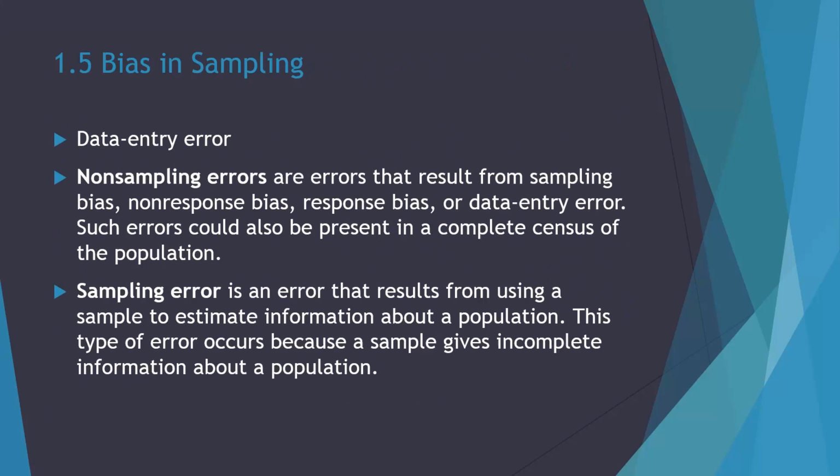Data entry error is another bias in sampling, and that's simply someone inputting information incorrectly. Non-sampling errors are errors that result from sampling bias, non-response bias, response bias, or data entry error. It says such errors could also be present in a complete census of the population.